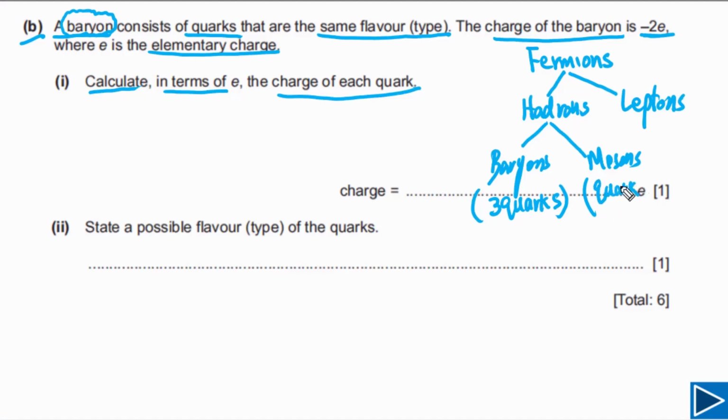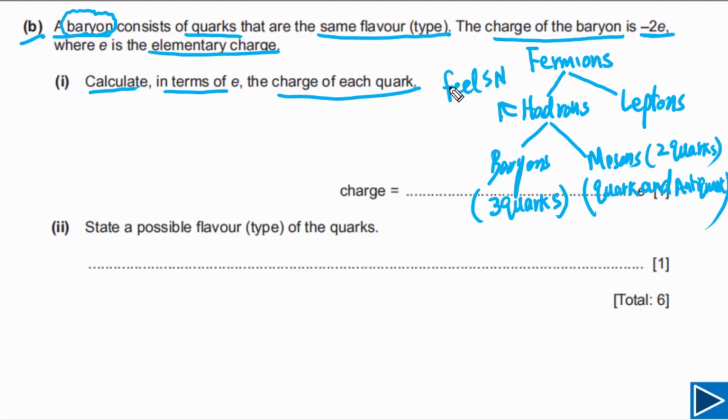Means one of them will be quark and the other one will be antiquark. So we can simply write down they consist of quark and antiquark. But baryons consist of 3 quarks. Hadrons feel the strong nuclear force.